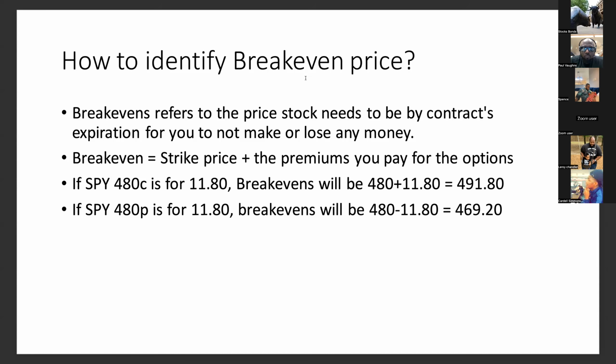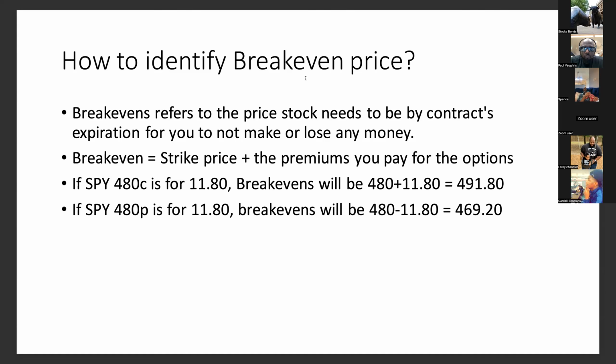Even if you have 480 calls, that's still going to be losing money because it's way under the break-even price. So that break-even price tells you where the stock price must be at expiration of the contracts in order for you not to make any money or not to lose any money.